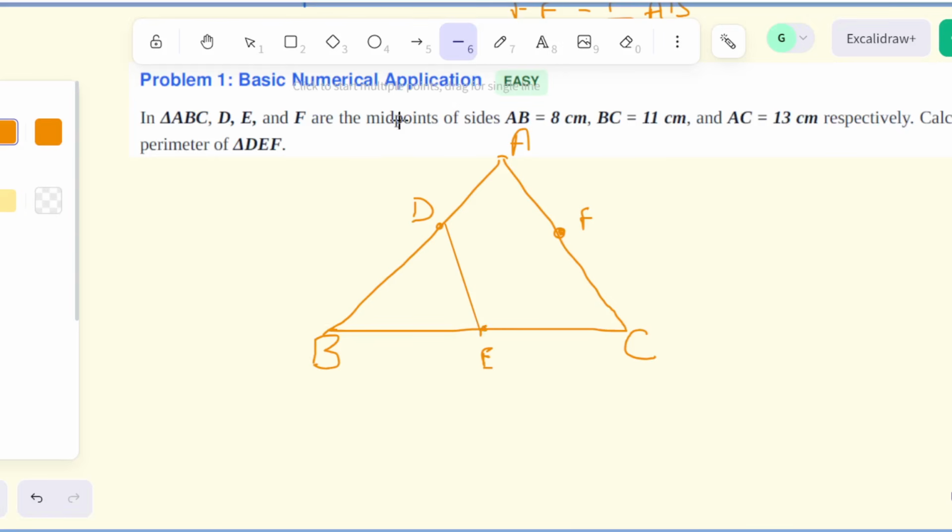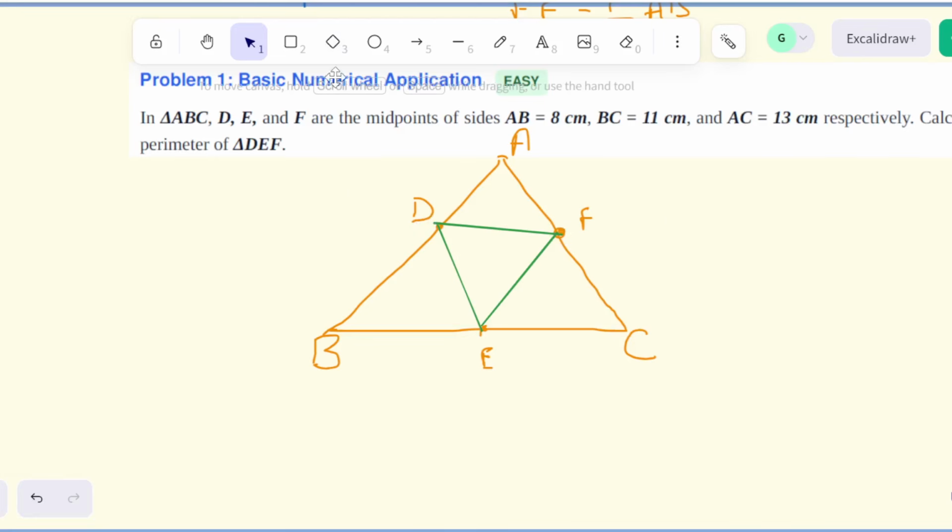Let me take a different color, because they're asking the perimeter of DEF. Now let's solve it.